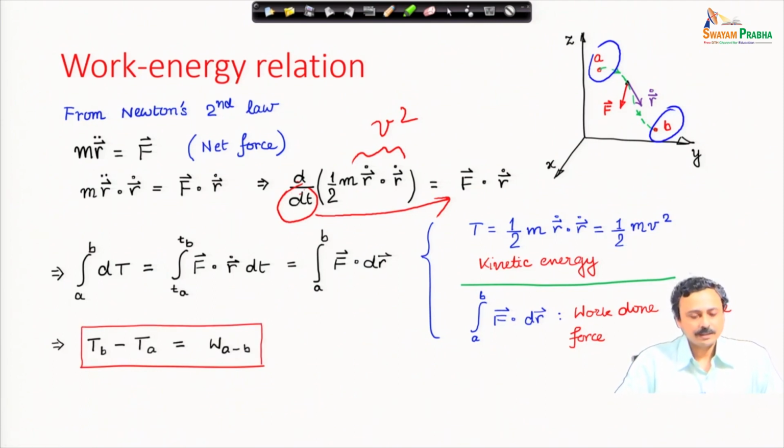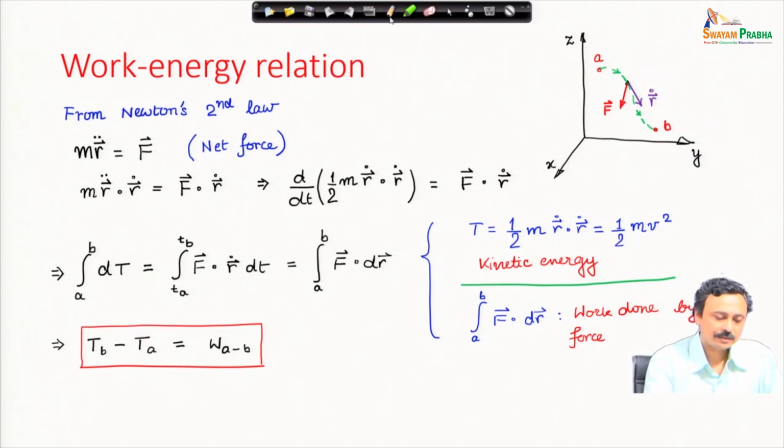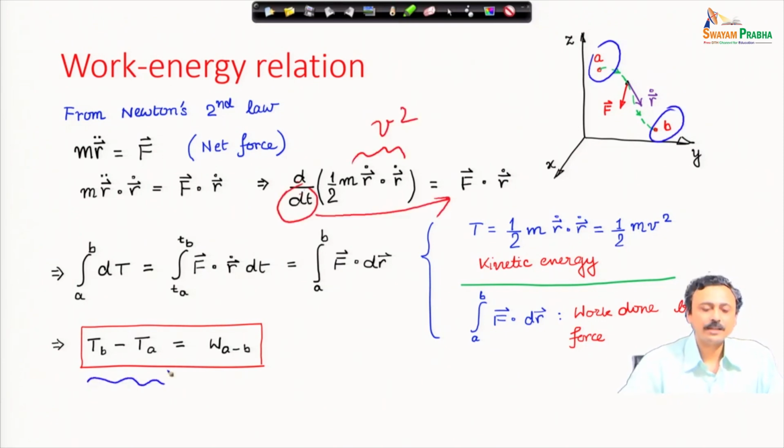Therefore, I can write this in a condensed form as the kinetic energy of the particle at position B minus the kinetic energy of the particle at position A, that is T_B minus T_A, that is obtained by integrating dT.